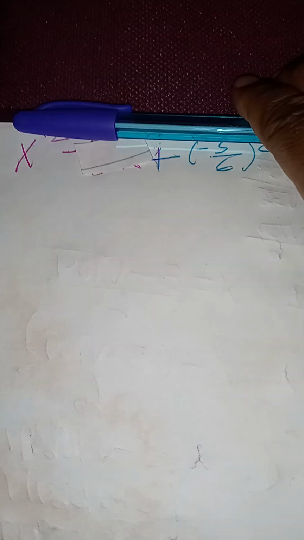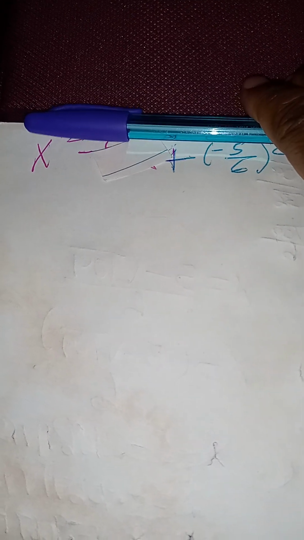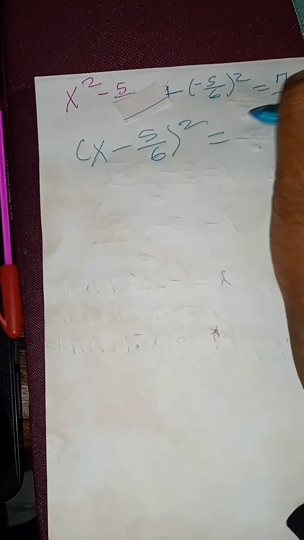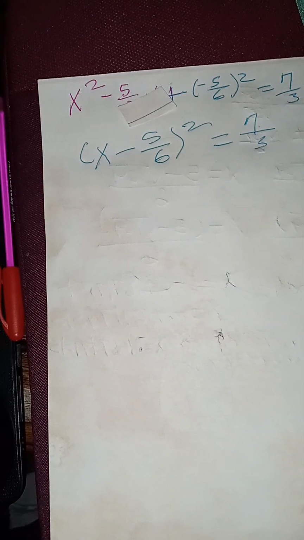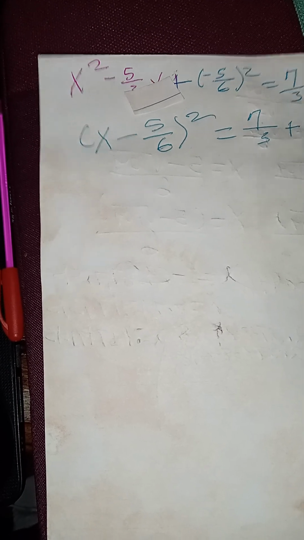Let's zoom in there so you can see that. X plus a negative 5 over 6. And then plus minus yields a minus as discussed earlier. So x minus 5 over 6 squared. And then 7/3 plus negative 5 over 6 squared.